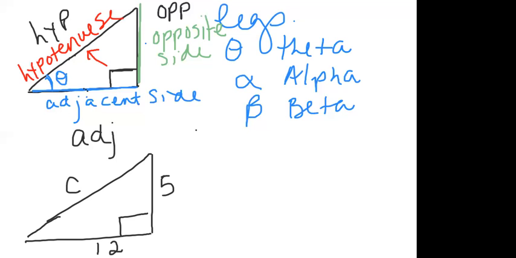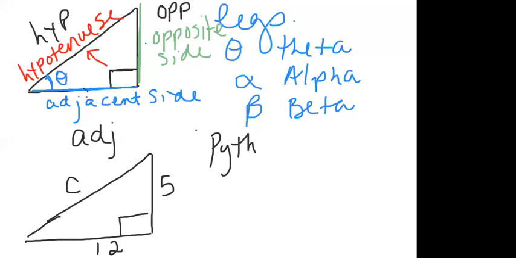So when it comes to these types of problems, if you are given a right triangle where you are given 2 legs and you're missing the third side, what you have to do is calculate the third side. And one of the most common formulas we learn in geometry to calculate the missing side of a right triangle given 2 sides is the Pythagorean theorem.